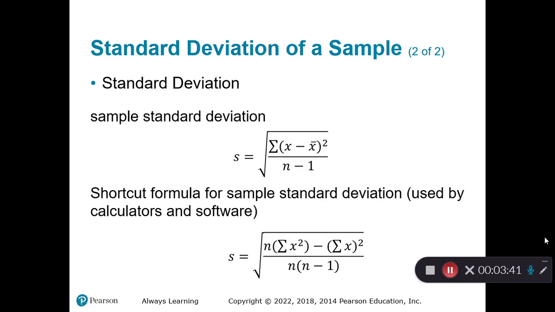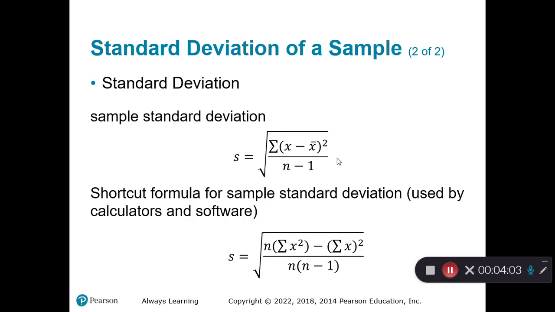This is the manual formula for calculating standard deviation. In fact, we have two different alternate formulas that give us the same result. The formula here at the top is the one that we're going to demonstrate through an additional YouTube video and in the example in the upcoming slides.